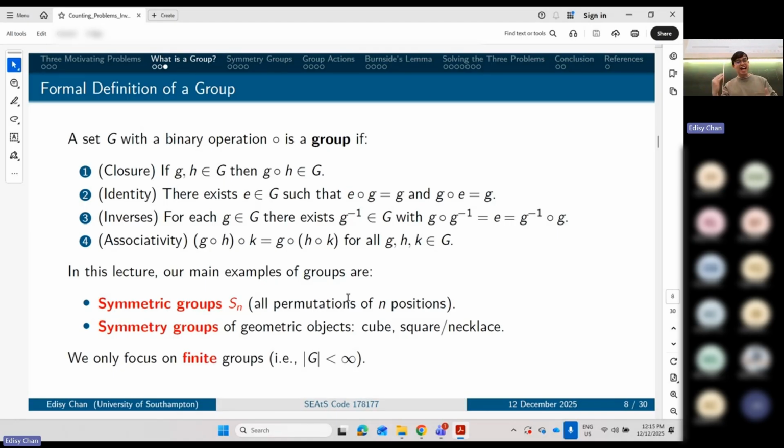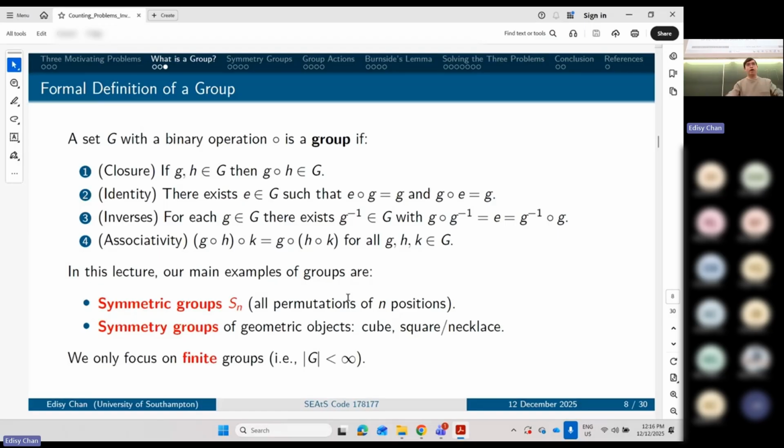So the symmetric group, Sn, is a notation you should remember. It's the group of all permutations on n objects. So you know what is meant by permutation, right? More precisely speaking, a permutation on n objects is a one-to-one bijection map that just moves the n objects.